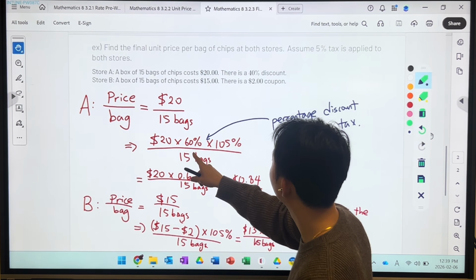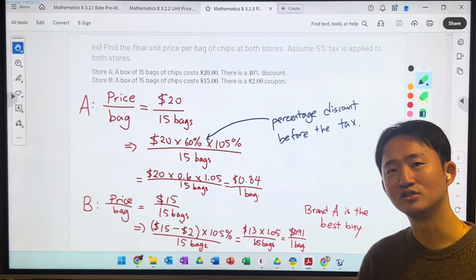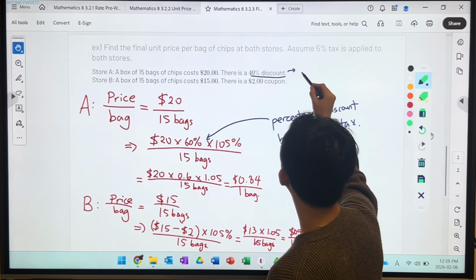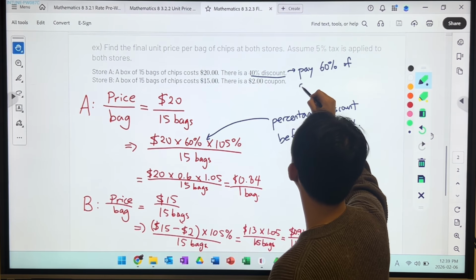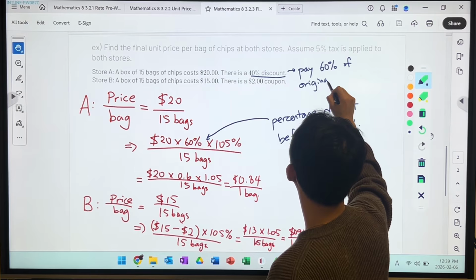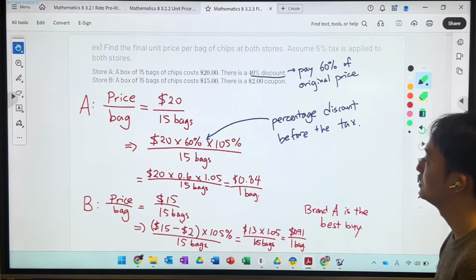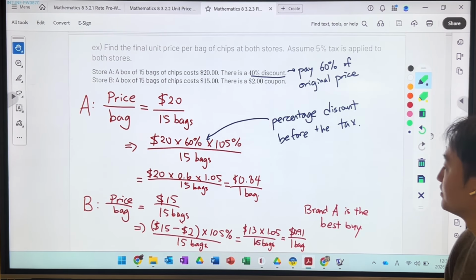What I did, however, is that because it's a 40% discount, I converted it to paying 60%. So a 40% discount means pay 60% of the original price. I put that all into the calculator and I got 84 cents per bag.